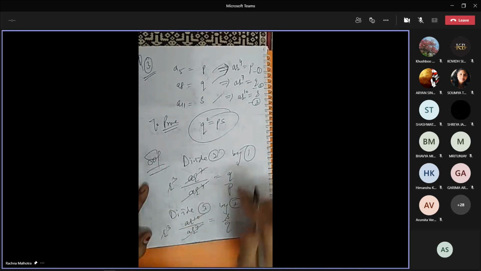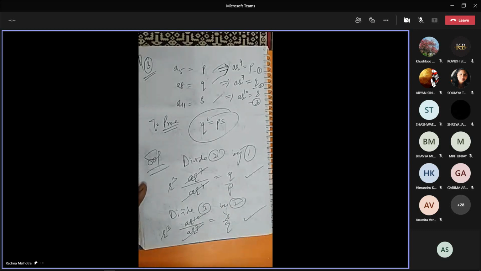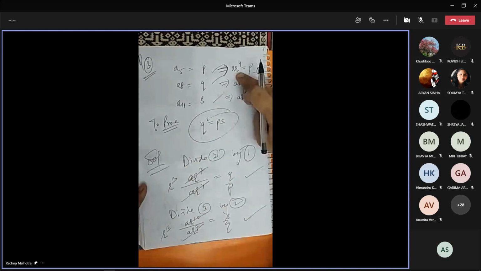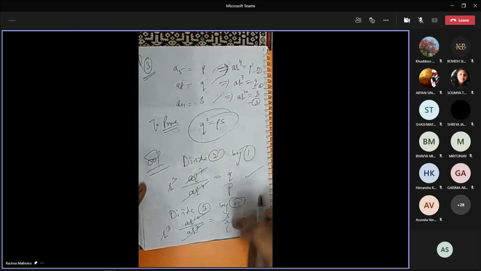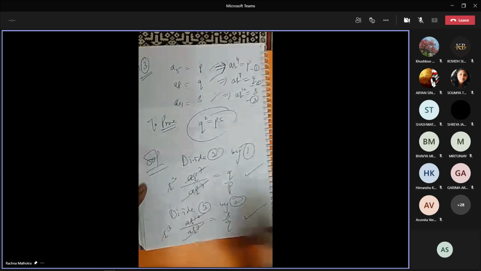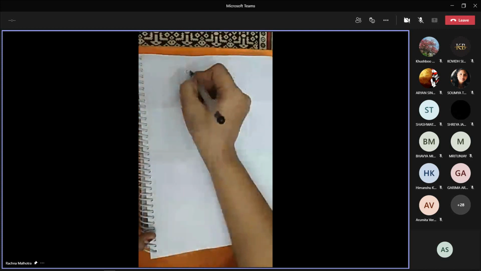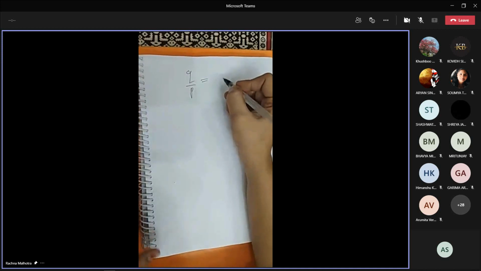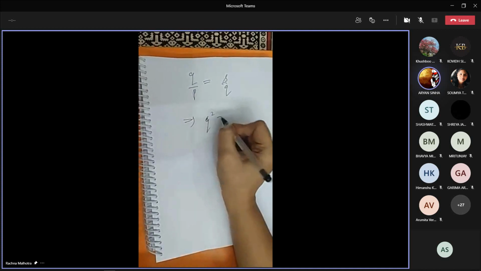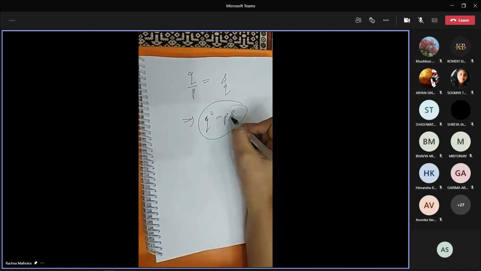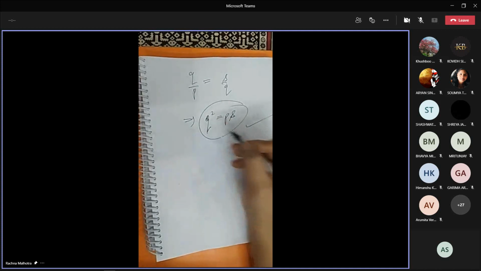In both cases we are getting R cube. Now equate them. R cube is equivalent to Q by P, and R cube is equivalent to S by Q. So equating them, Q by P equals S by Q. By cross multiplication, you will get Q square equals PS. Hence proved.